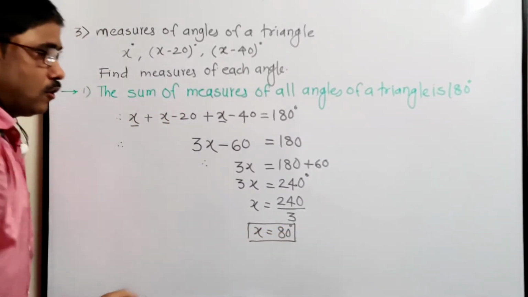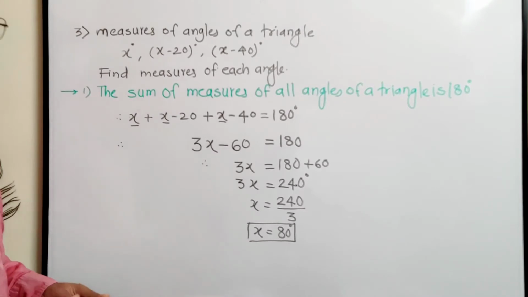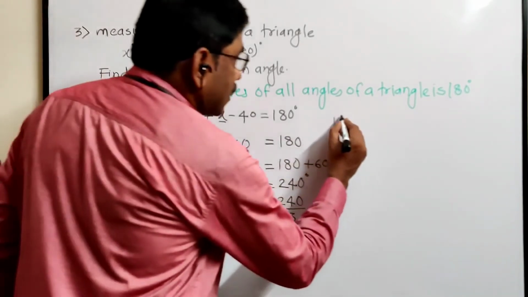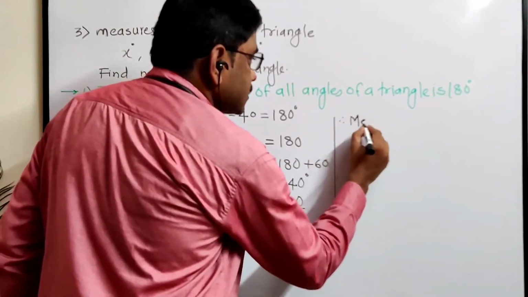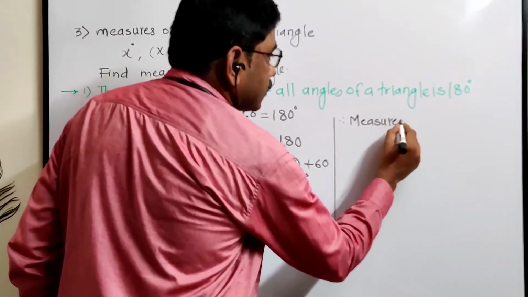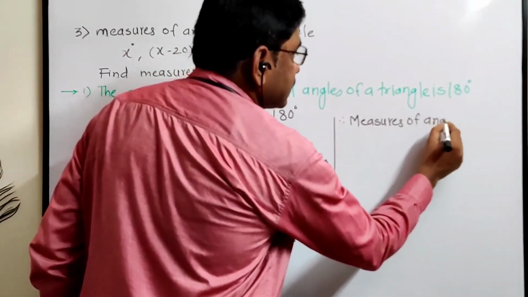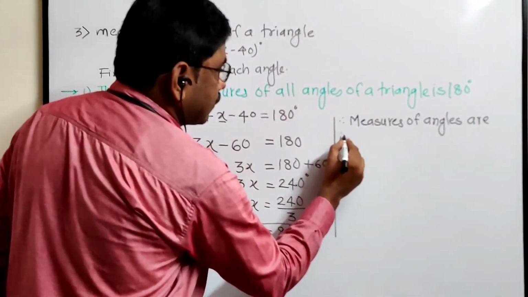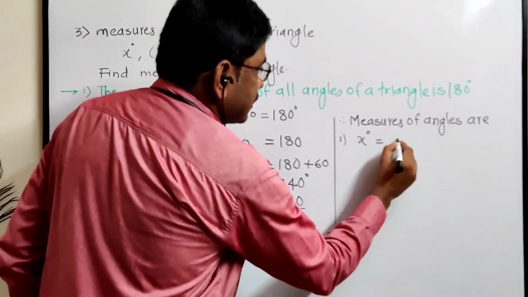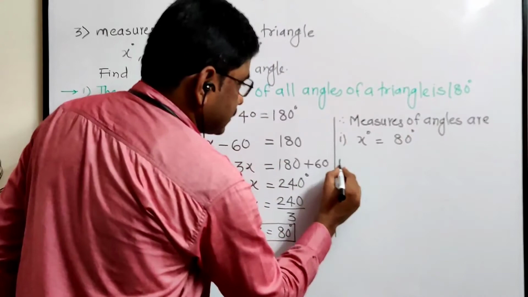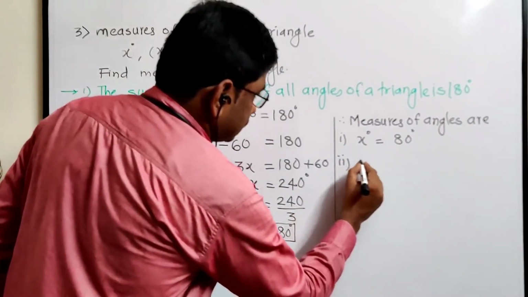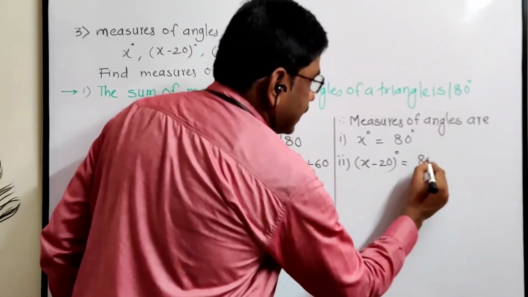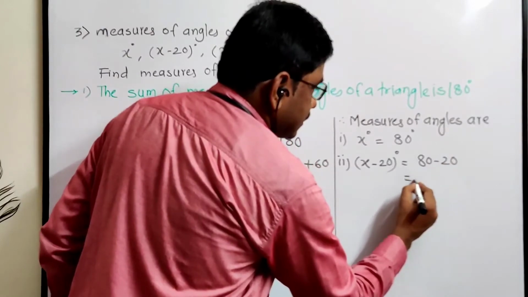So we get the value of x. x is equal to 80 degrees. Now we have to find the measures of all angles of the triangle. Therefore, measures of angles are, first one, x degree is equal to 80 degrees. Second one, x minus 20 degree is equal to 80 minus 20 is equal to 60 degrees.